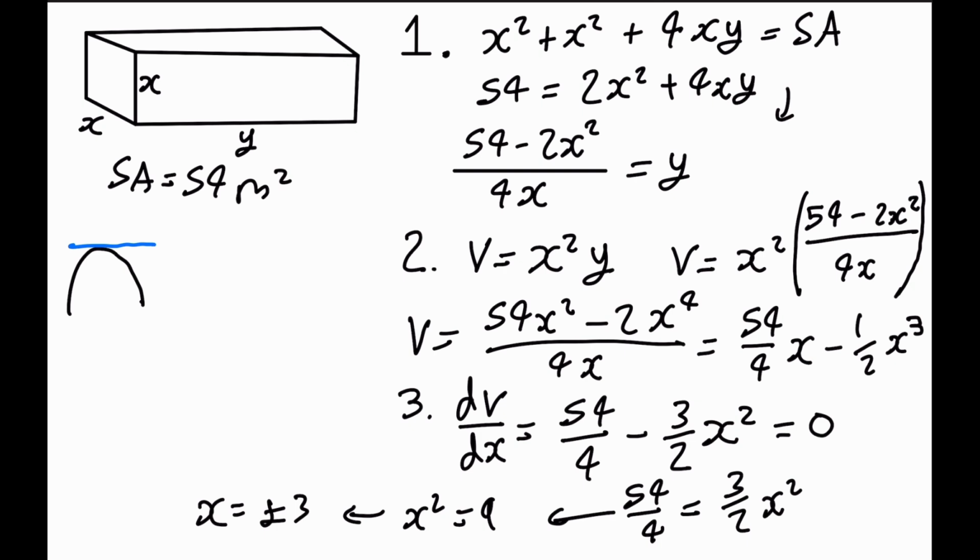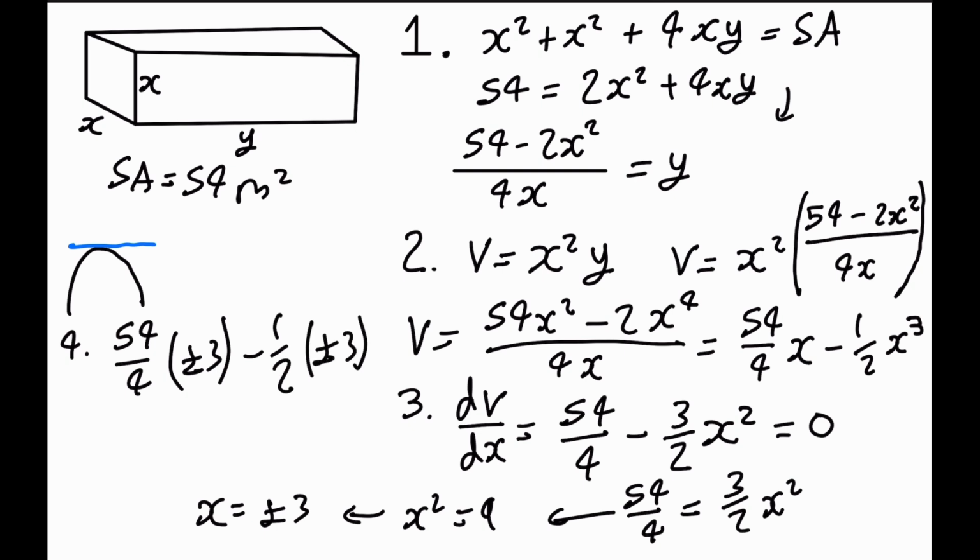Now, if we substitute back into the equation of v, the next step, step 4, would be to substitute our values for x into our equation that we got for v in terms of x, which is this one, and see what we get. So if we do 54 over 4 times plus minus 3 minus a half, plus minus 3 to the power of 3, we would get our v's as 27 or minus 27.